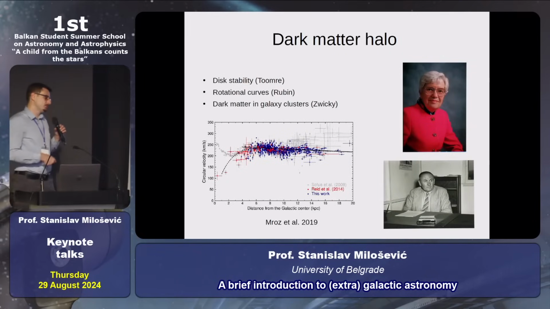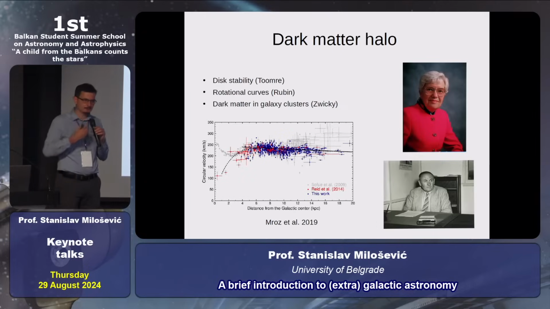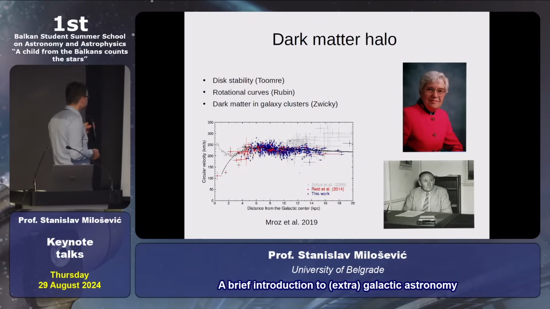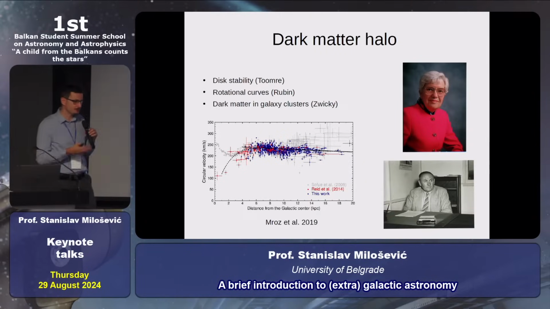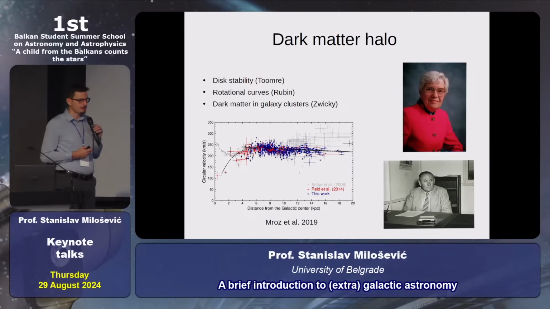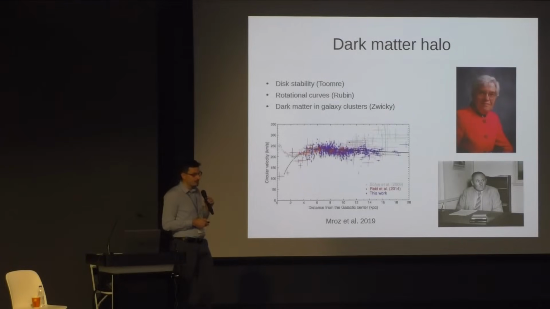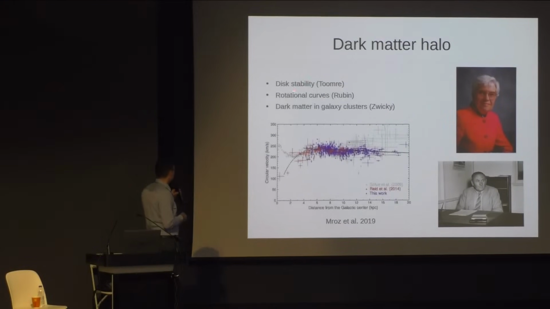And now if we move from this baryonic part, this visible and, let's say, more or less known part of the galaxy, we come to the dark matter halo. We also have two approaches: one is observational and the other is theoretical. On the theoretical side, the Toomre brothers did some n-body simulations in the 70s, in the last century, and they realized that you need a dark matter halo to achieve disk stability.